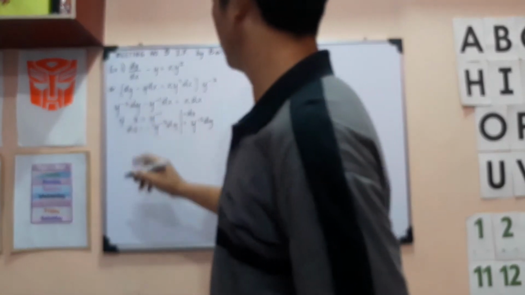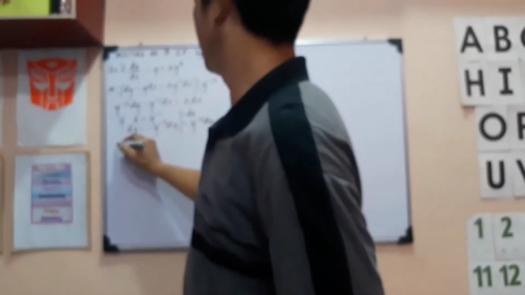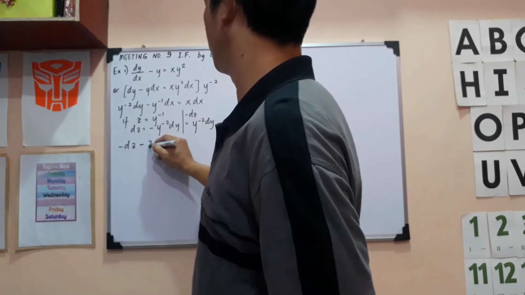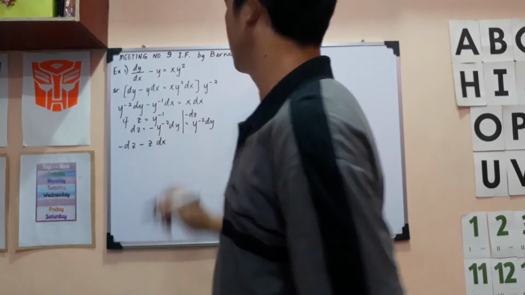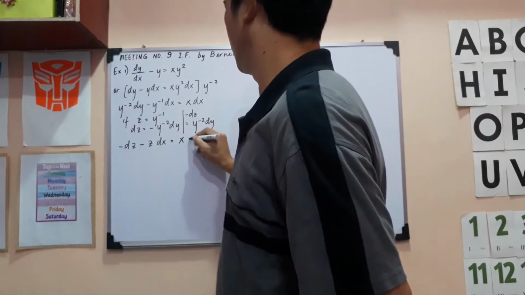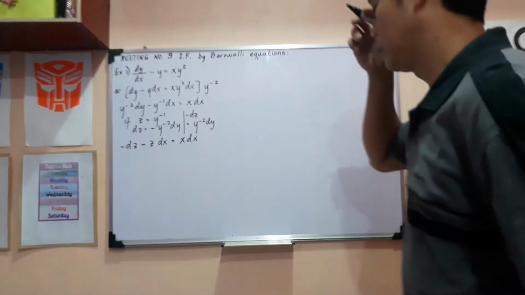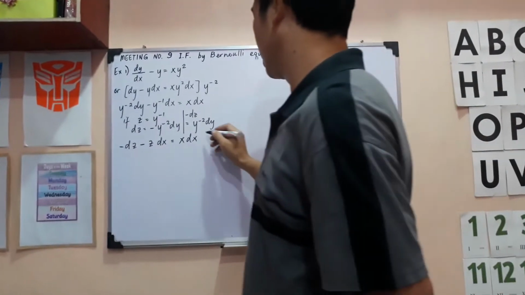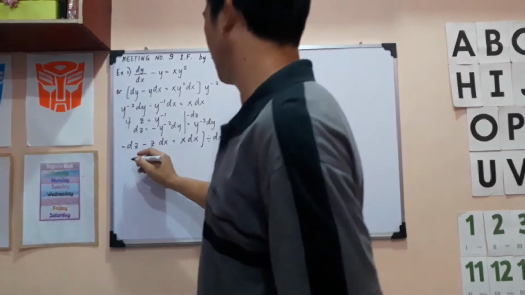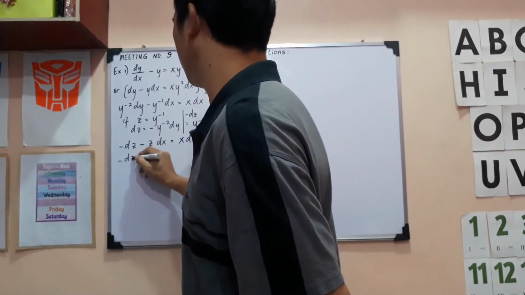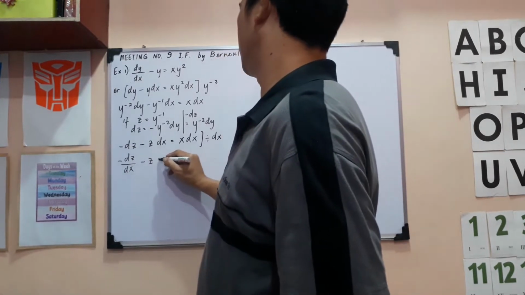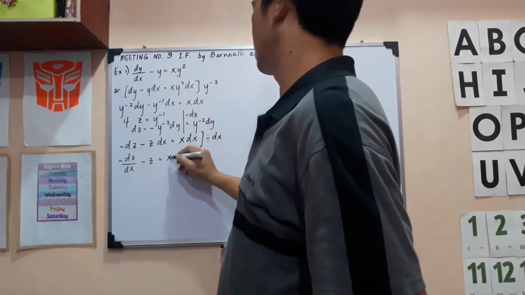So this y raised to negative 2 dy is negative dz, minus, what is y raised to negative 1? z dx. And then is equal to x dx. Now, when I divide that by dx, to make it linear in z, look. Negative dz over dx minus z is equal to x.